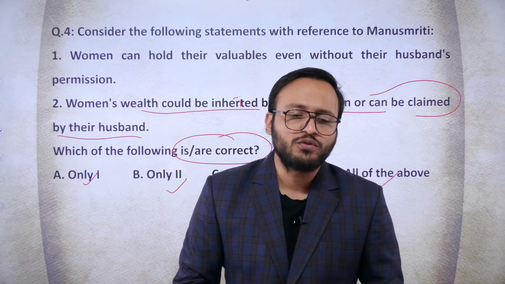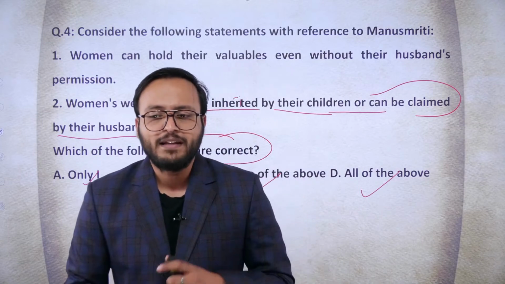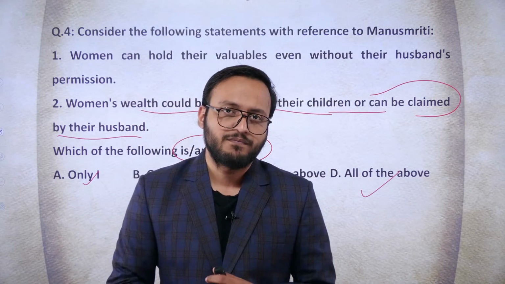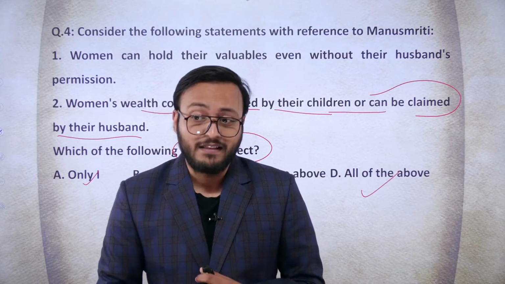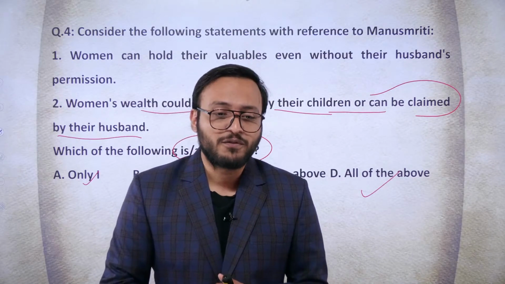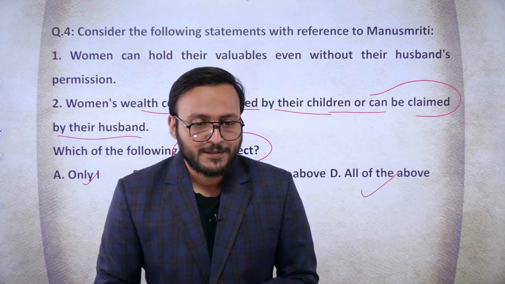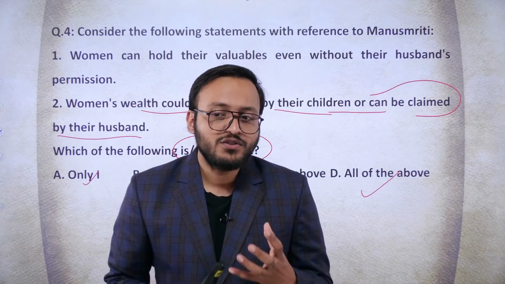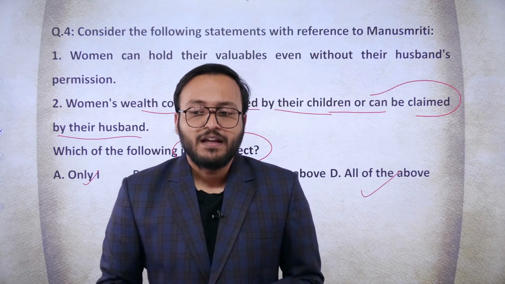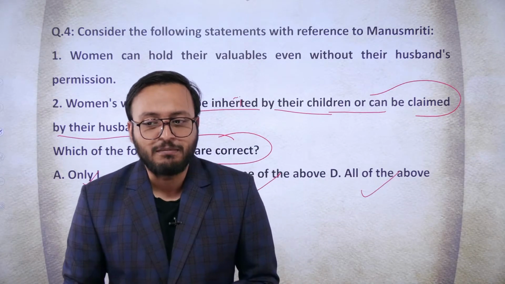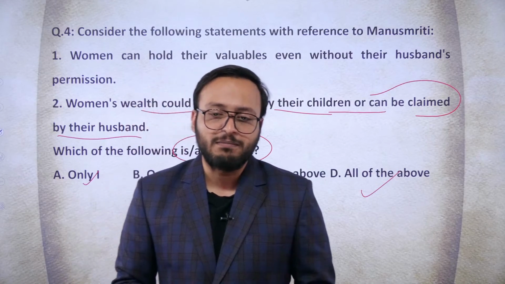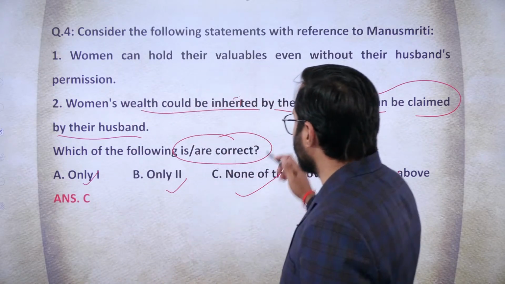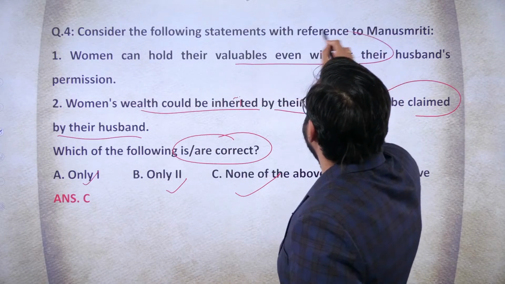So naturally, if you go to the first statement, the women can hold their valuables even without their husband's permission. Is it possible? In the Manusmriti, of course, remember that point, if you are thinking that the women were able to hold their jewelries without the permission of their husband, then guys, remember that that is not correct.